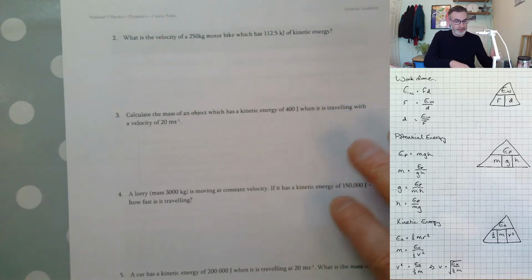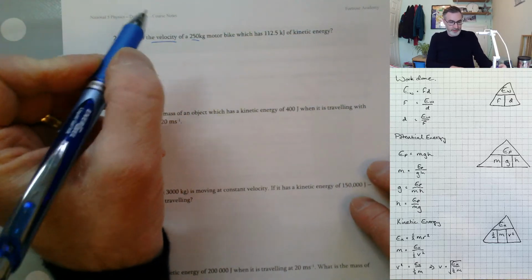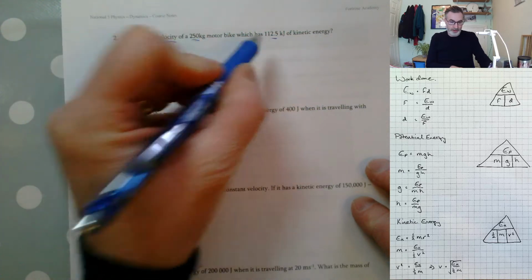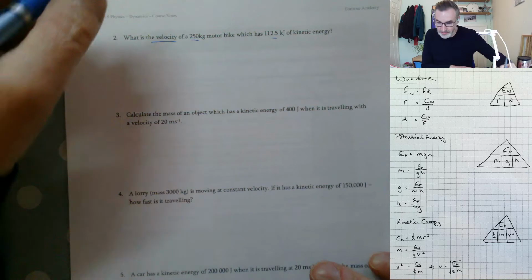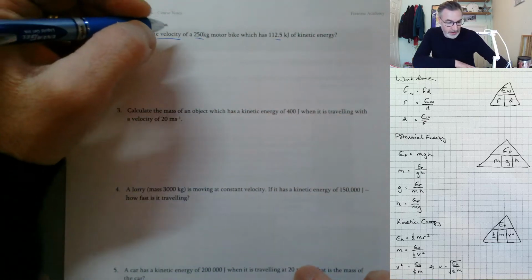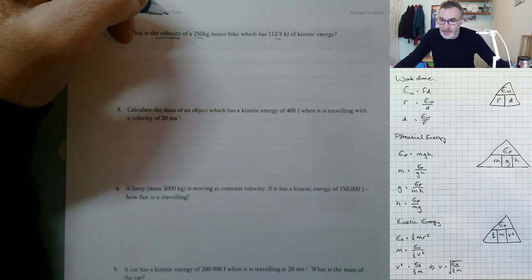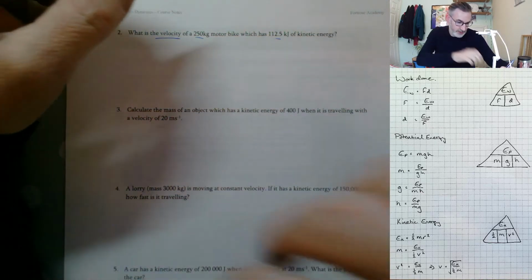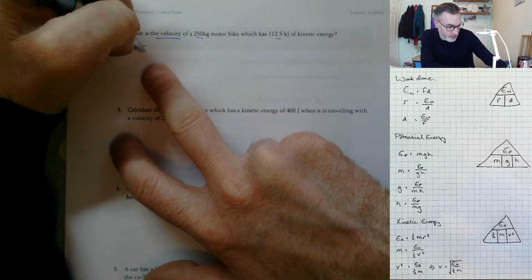Question 2, what is the velocity? So calculate velocity of a 250 kilogram motorbike with 112.5 kilojoules of kinetic energy. So to calculate velocity, now we have our formula down here, but I'm going to go through the rearrangement of this just because it's a bit of a trickier one.